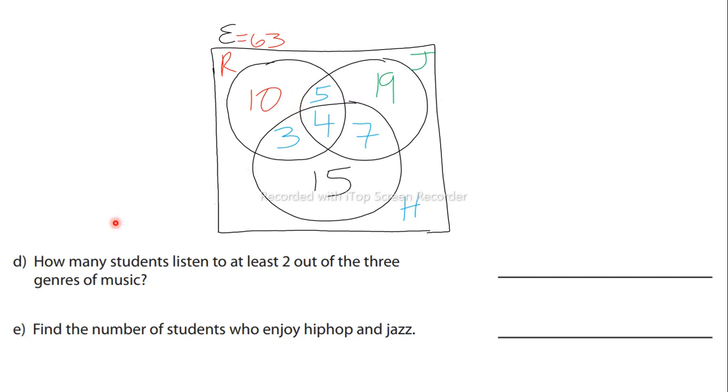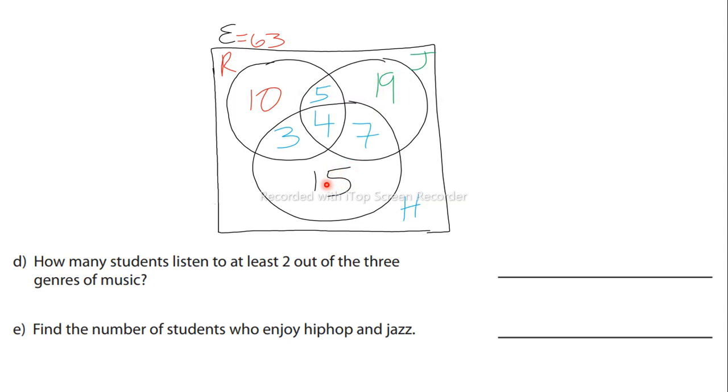All right. So D: how many students listen to at least 2 out of 3 of the genres of music? That'd be 19. At least 2 means you do not count R only, which is 10, J only, which is 19, or H only.